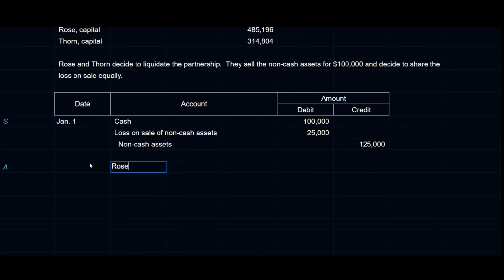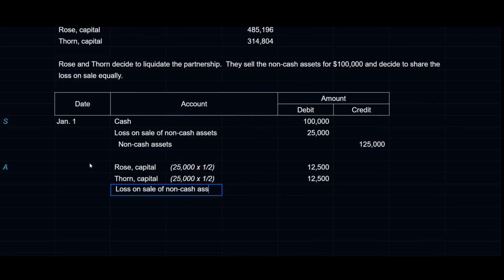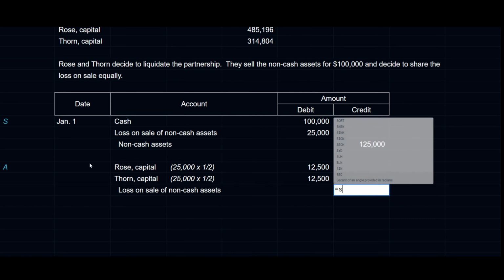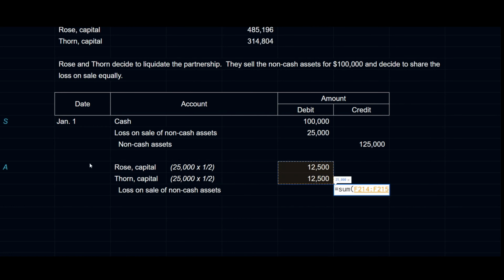We can debit Rose capital for 1/2 of this loss amount and do the same for Thorn capital, 1/2 of $25,000. We can credit the loss on sale of non-cash assets. This is just one way to do this.